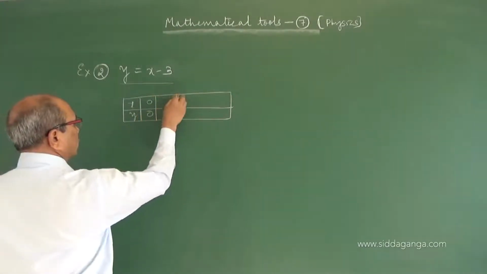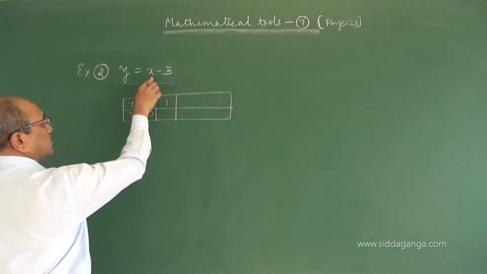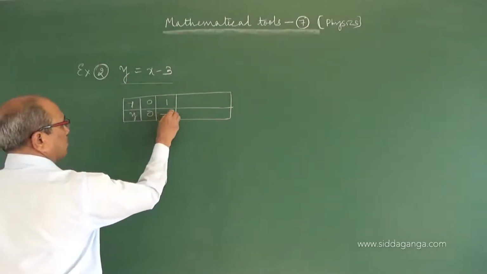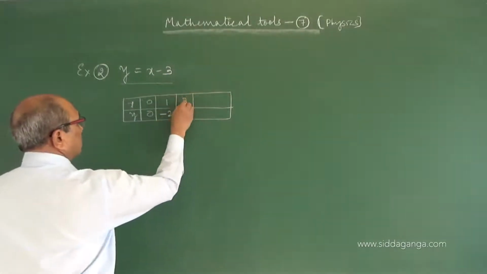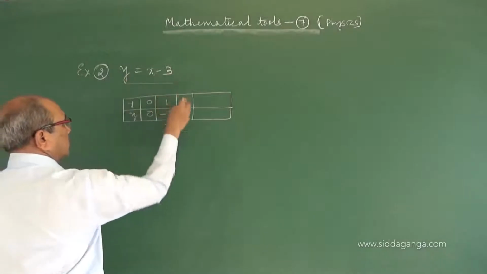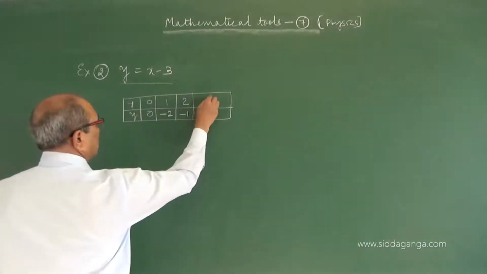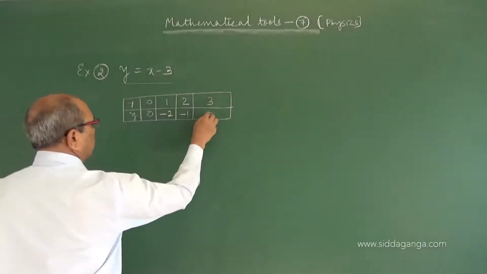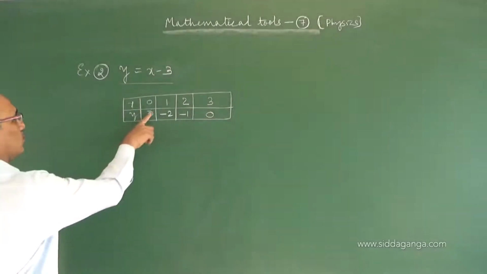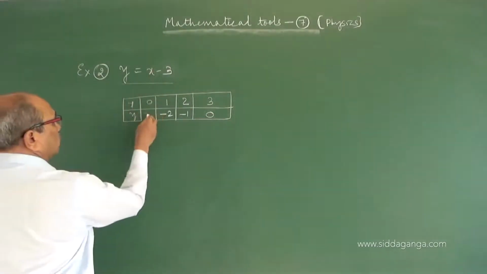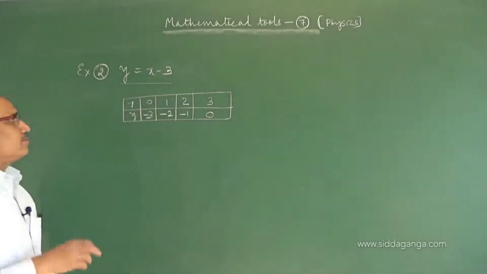When x is 0, y is minus 3. If you put x is 1, 1 minus 3 becomes minus 2. If I take x equal to 2, 2 minus 3 is minus 1. If I place x equal to 3, y becomes 0.